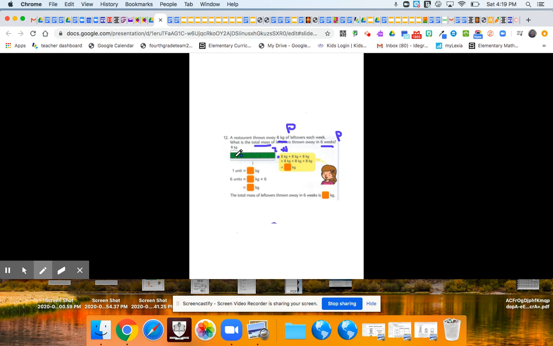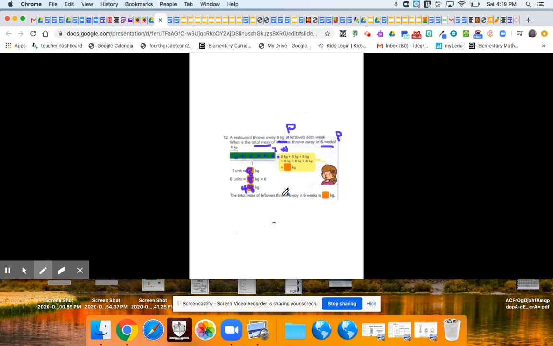So when we're making this model, we have our 6 units, which represent 6 weeks. We know that in 1 week they throw away 8 kilograms of leftover food. So 1 unit is 8 kilograms. So for 6 units, we need to take the 8 kilograms times the 6 weeks to get a total of 48 kilograms.